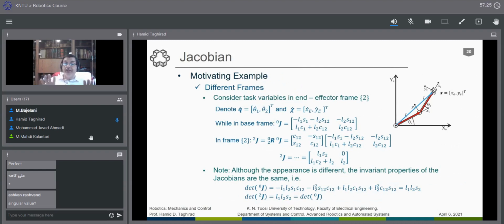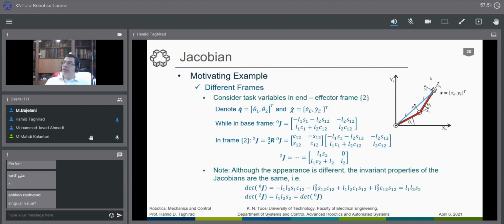This is not our concern. We have an absolute velocity of this frame. When we have a point here moving, if θ1 and θ2 are moving, we have a velocity in this direction and a velocity in this direction, two components, and then we have a velocity vector here. We have an absolute velocity vector here, instantaneous.